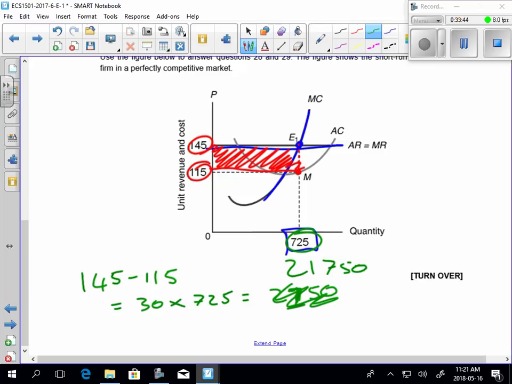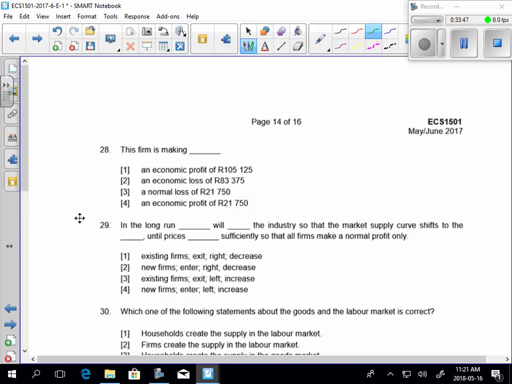So it would be an economic profit of 21,750.